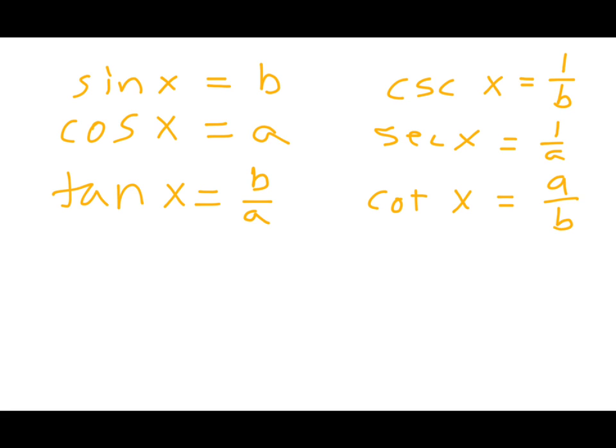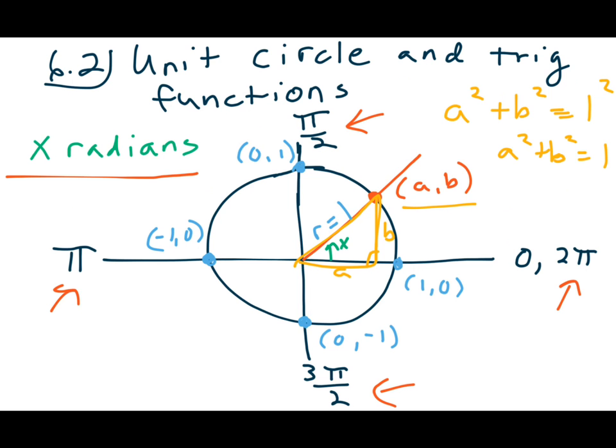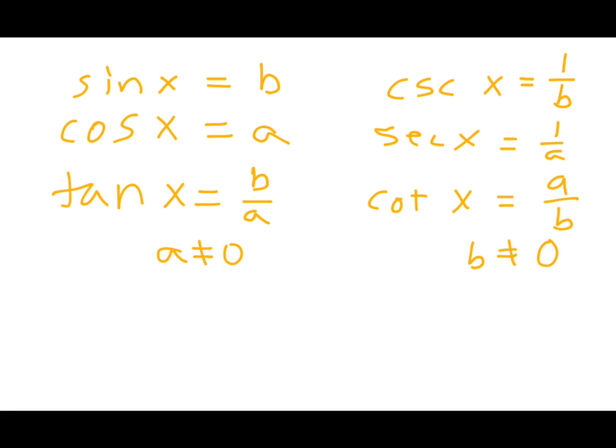Now let me point out something here. Obviously a cannot equal 0 here, and b cannot equal 0 here. So if you go back and look, when does a equal 0? A equals 0 at pi over 2 and 3 pi over 2. So you know that tangent of pi over 2 is undefined, because you can't have 0.